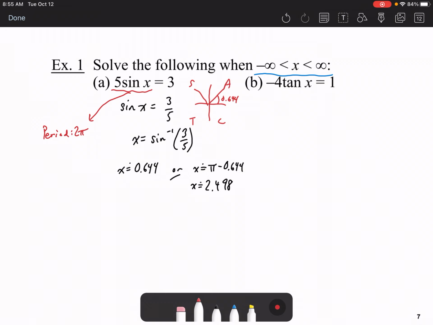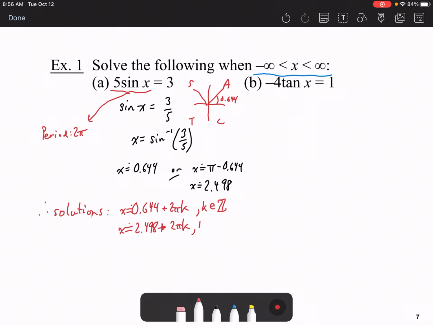So to list all the solutions, we take our current solutions of 0.644 and add multiples of 2 pi, where k is an element of the integers. This is all the solutions to this expression.